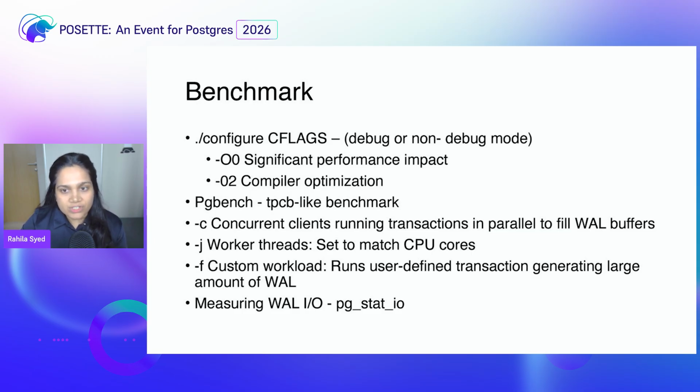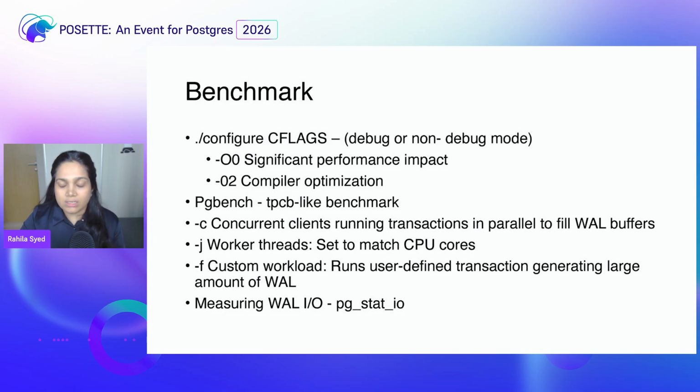Also, pgbench is used, which is a TPC-B like benchmark. Essentially, what I've tried in this benchmark is to have enough concurrent clients so that the WAL buffers are used to their fullest, and the wal sender has to go to disk more frequently to be able to send WAL records. So I have used somewhere from 16 to 32 concurrent clients.